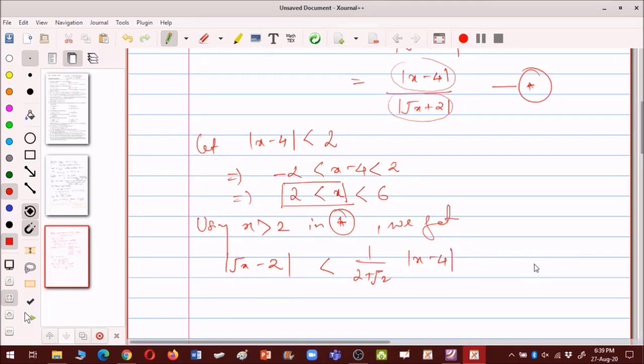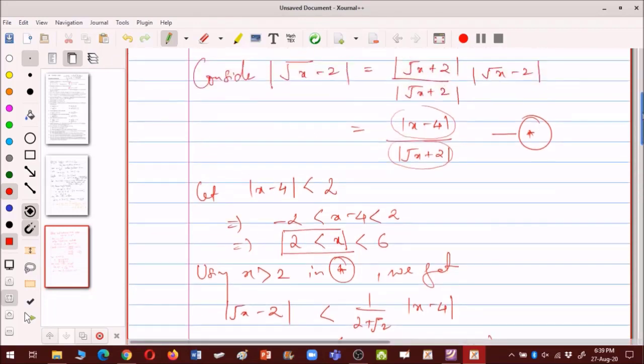We want this to be less than epsilon, so delta should be the minimum of (2 plus root 2) epsilon and 2.